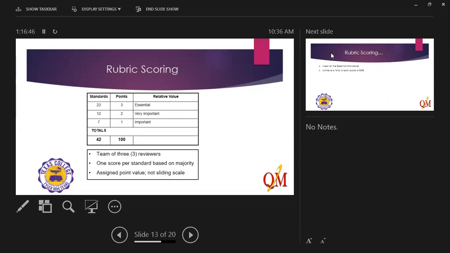As we said a while ago, there are 42 specific review standards, under the general standards. Of those 42 specific review standards, 23 are what are known as essential review standards, 12 review standards, and then 1 important review standards.